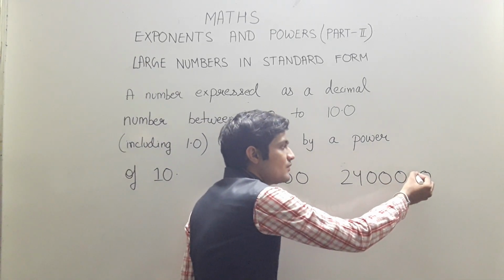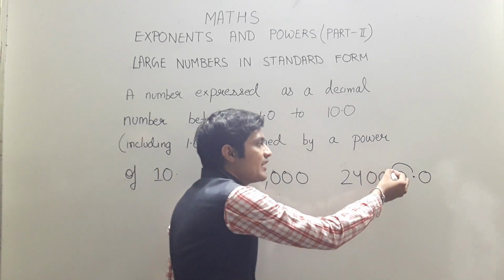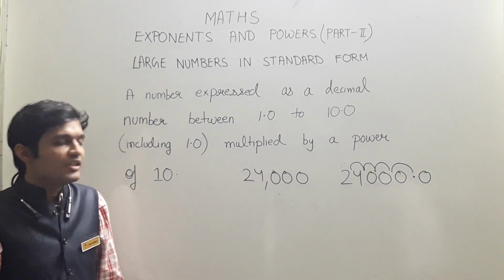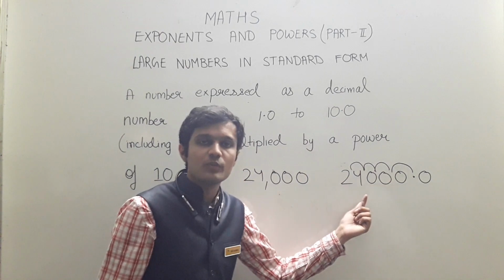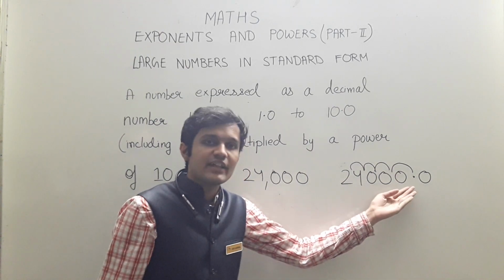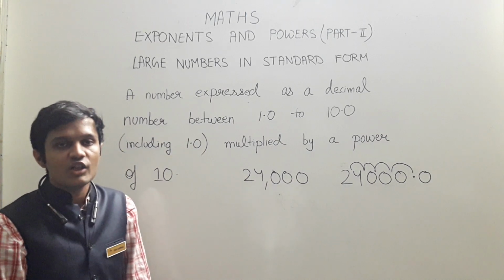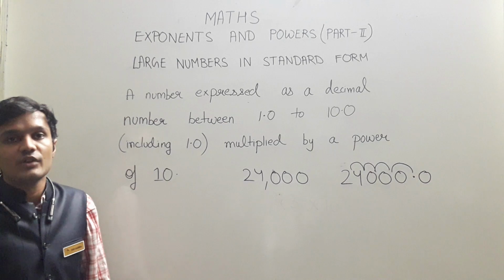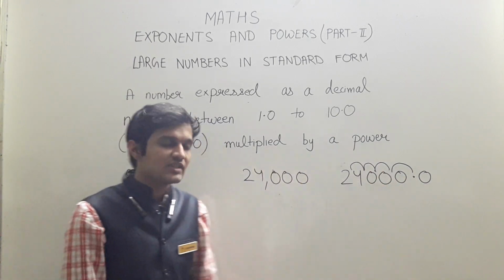So here firstly we will shift it to that place, after that second, third, fourth. So I can understand this as I am moving this decimal 4 places, or we are taking 4 jumps to shift this decimal after 2. So the power of 10 will be what? Power of 10 will be equal to the number of jumps taken.